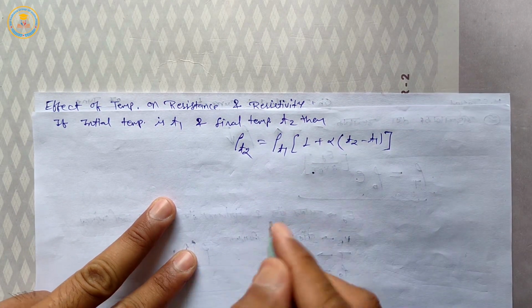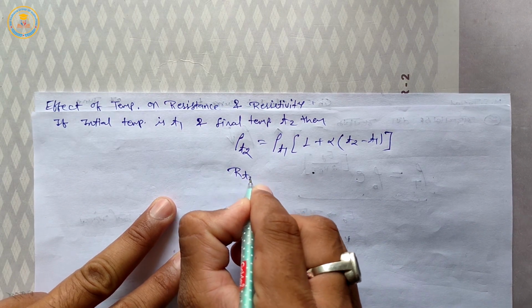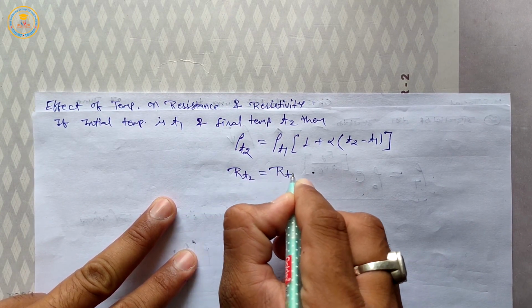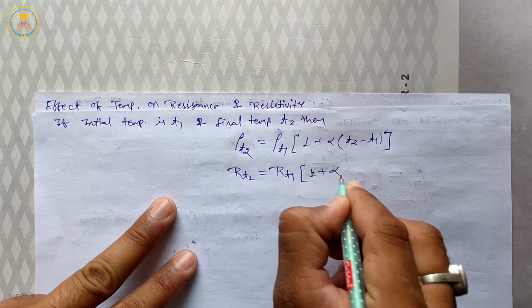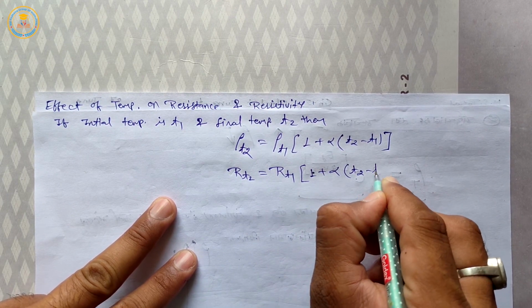And for resistance, R T2 is equal to R T1 times 1 plus alpha times T2 minus T1.